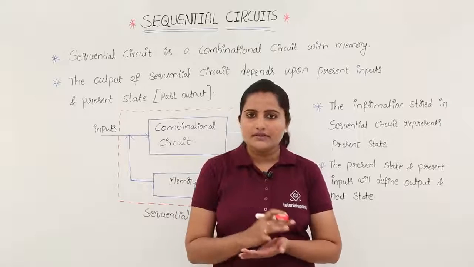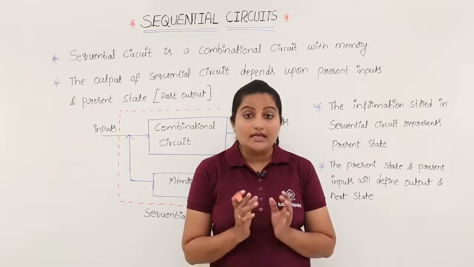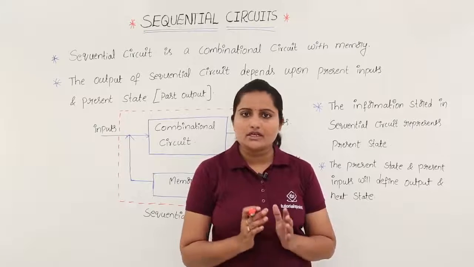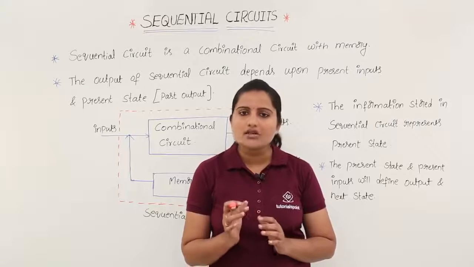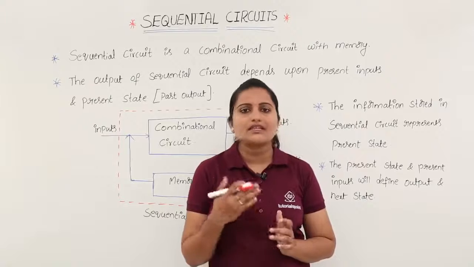Sequential circuits are classified into two types, asynchronous and synchronous. As the name indicates, synchronous sequential circuits run with the same clock pulse. Asynchronous sequential circuits run with different clock pulses.